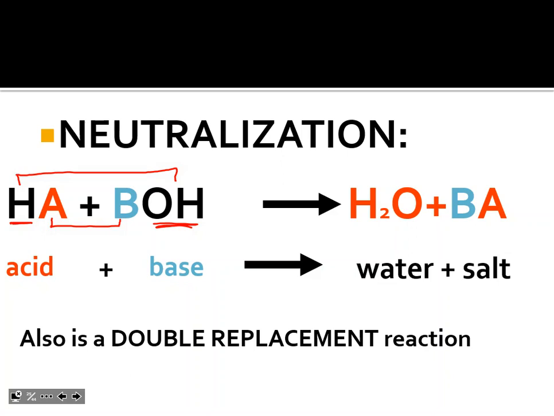Always, always, it's going to be an acid plus a base giving you water and a salt. Those are going to be the criteria for neutralization. So what you want to always be looking for is that H in the front and the OH in the other one. And then you want to look for water as a product. That's the easiest way to do it.